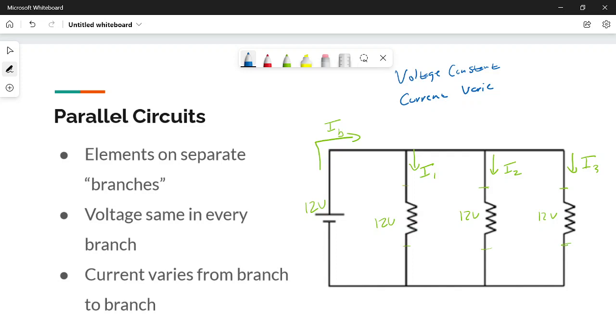As far as conservation of charge goes, again, we can use the analogy of water flowing through a pipe. If water flows through this pipe and splits into 3 different pipes, all 3 of these are going to have to add up to the current through the battery. That's going to be really important for our derivation in a moment: the current through each of the branches has to add up to whatever was supplied by the battery.